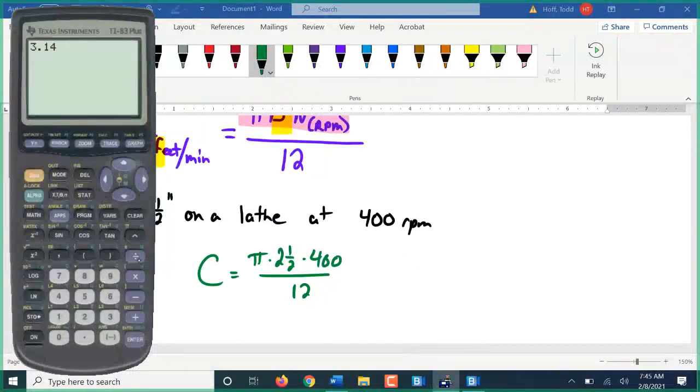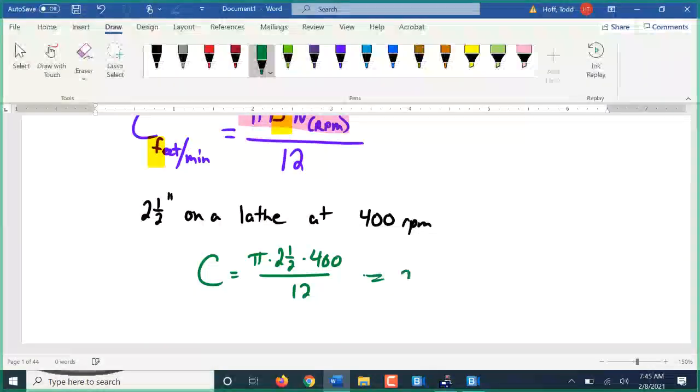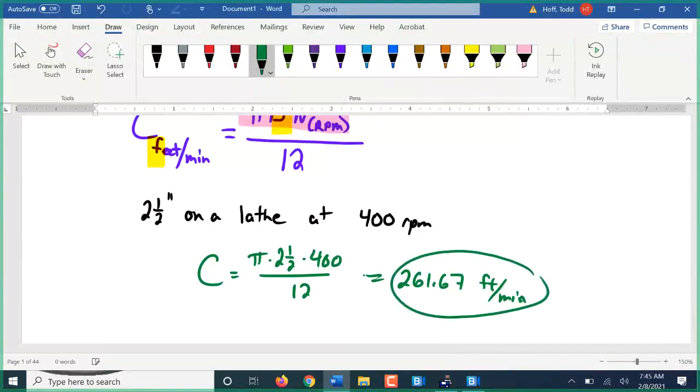Actually, use 3.14 for pi: 3.14 times 2.5 times 400 divided by 12 is 261.67 feet per minute. So again, that is the speed between the tool and the surface of the material.